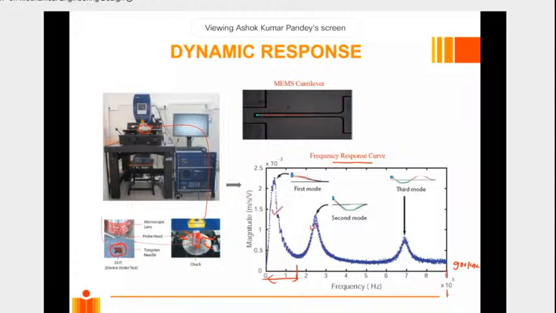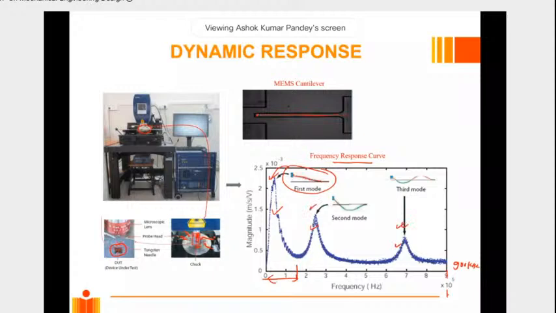And how do you decide which frequency mode is there? Through this scanning laser vibrometer you can do scanning over the whole length of your cantilever, all over, and then you can generate the mode, and the mode will tell whether this is your first bending mode, or the second bending mode, or the third bending mode, right?